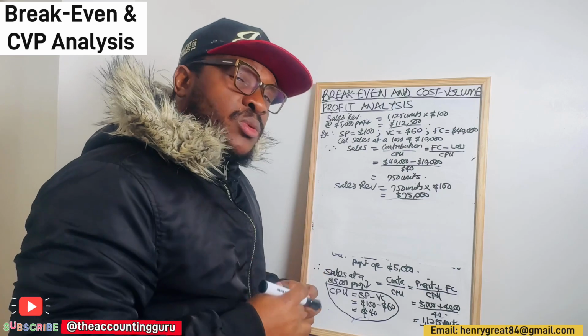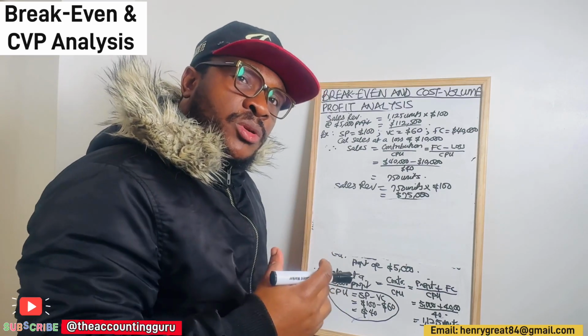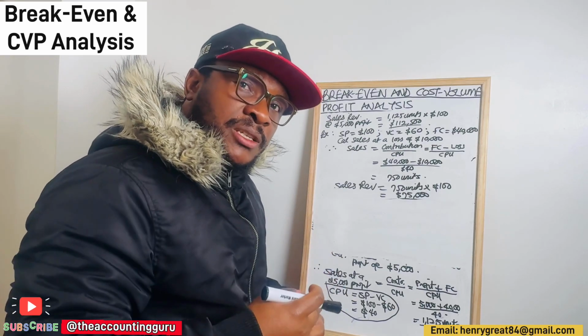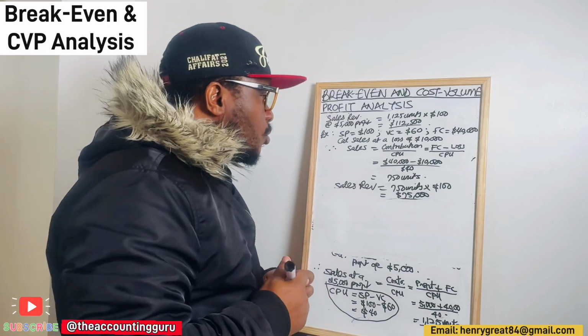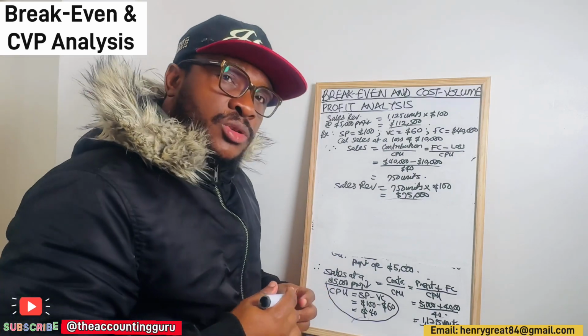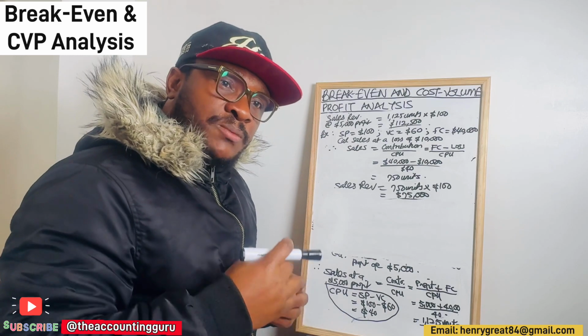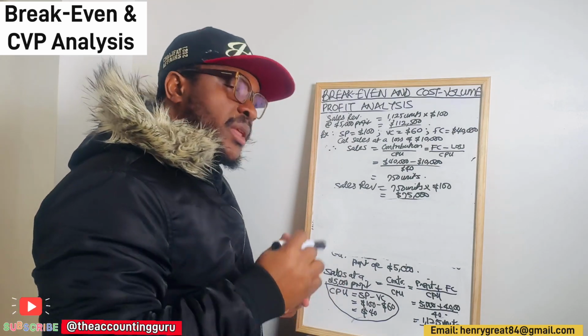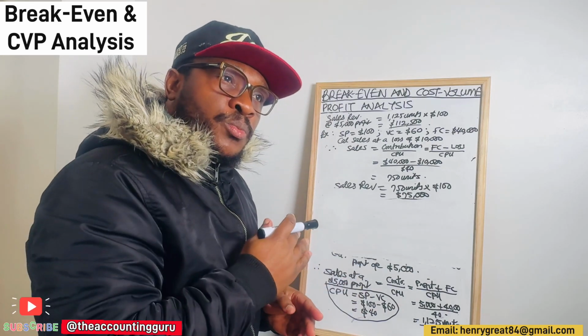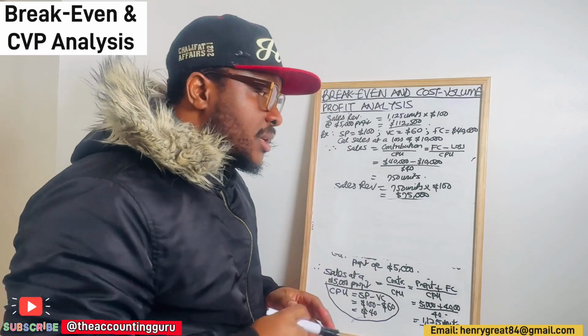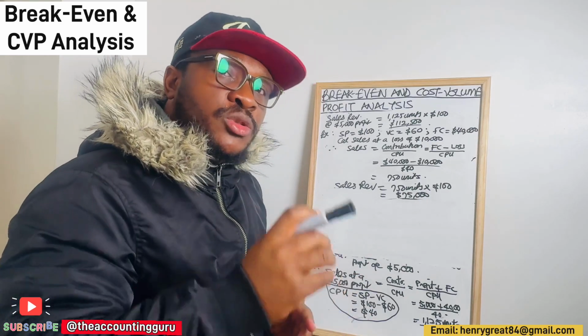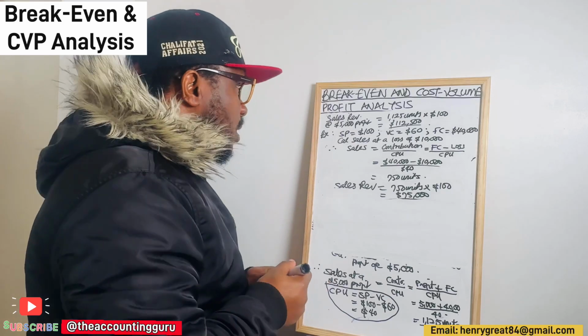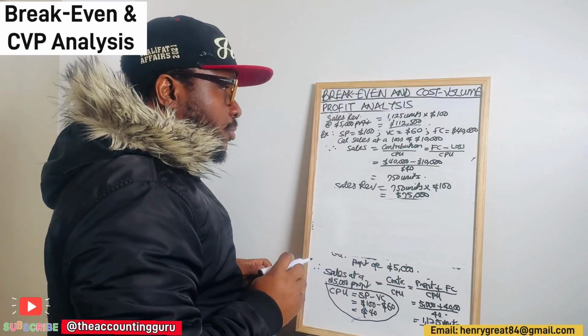We have looked at sales where a business is expected to make a loss. Now I want to look at sales where a business is expected to break even. Again, at break even, profit is zero. Do not forget, at break even, profit is always what? Zero.